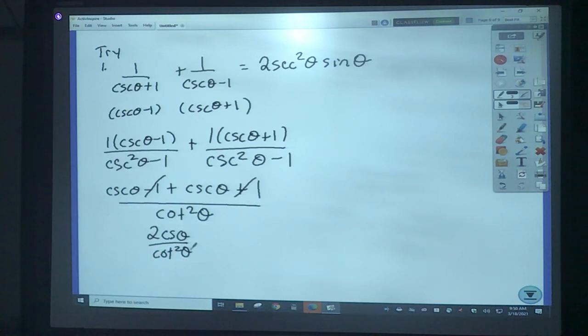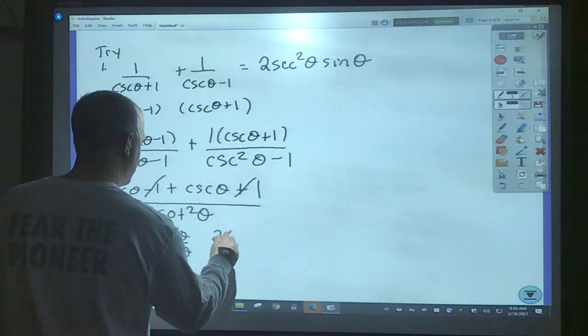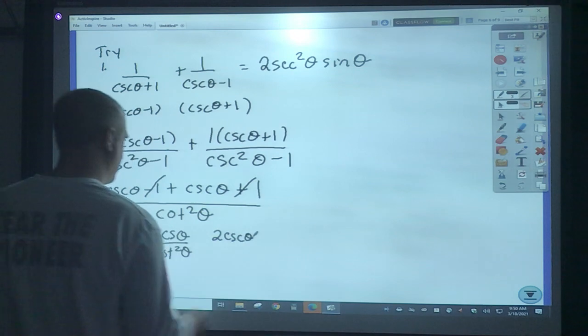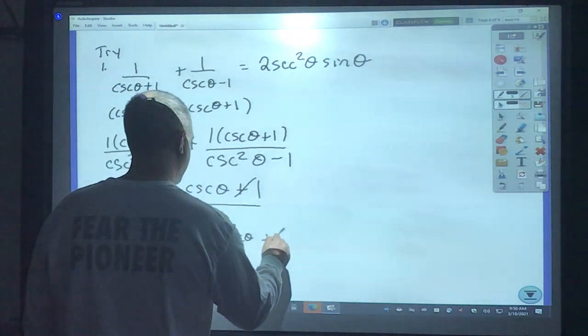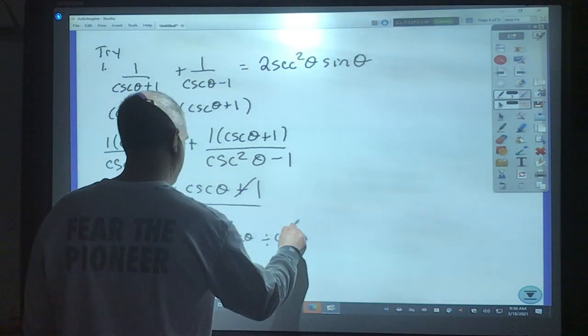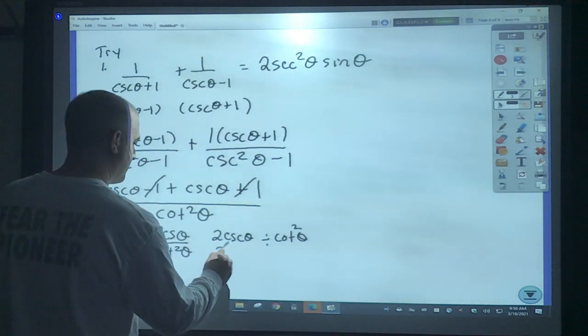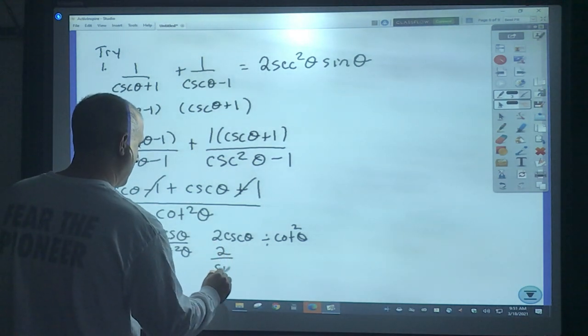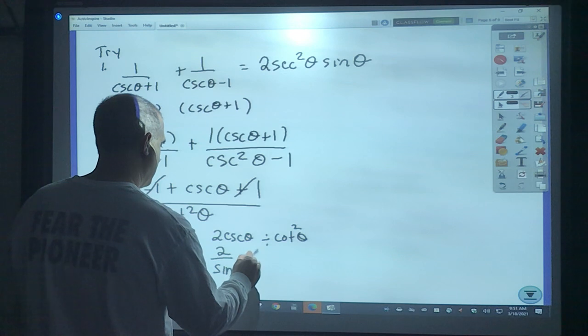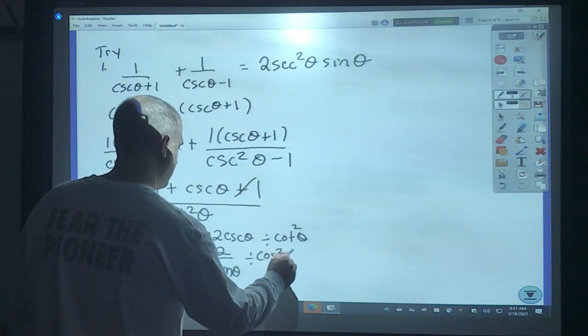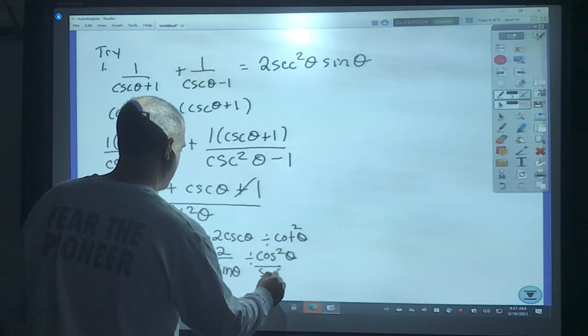Now, when I got a lot of stuff that are not alike, I'm probably going to end up doing something like this. 2 cosecant of theta divided by cotangent squared theta. So I'm going to rewrite those as sine and cosine. So that's going to be 2 over sine theta divided by cosine squared theta over sine squared.